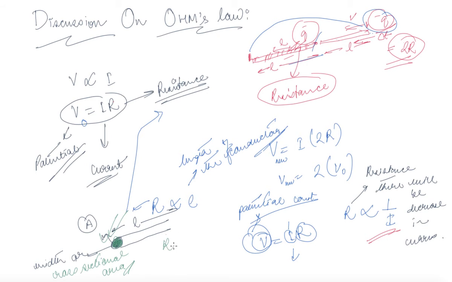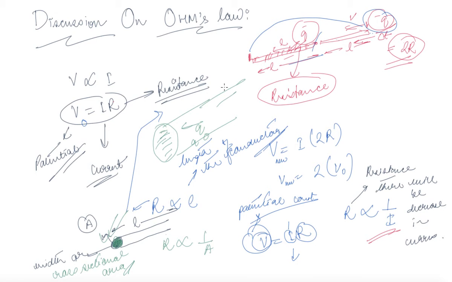So now if you look closely, R is inversely proportional to 1 by A. The more cross-sectional area it has, the higher the amount of charge Q it can pass. Now, I have often seen that people get confused with this length.